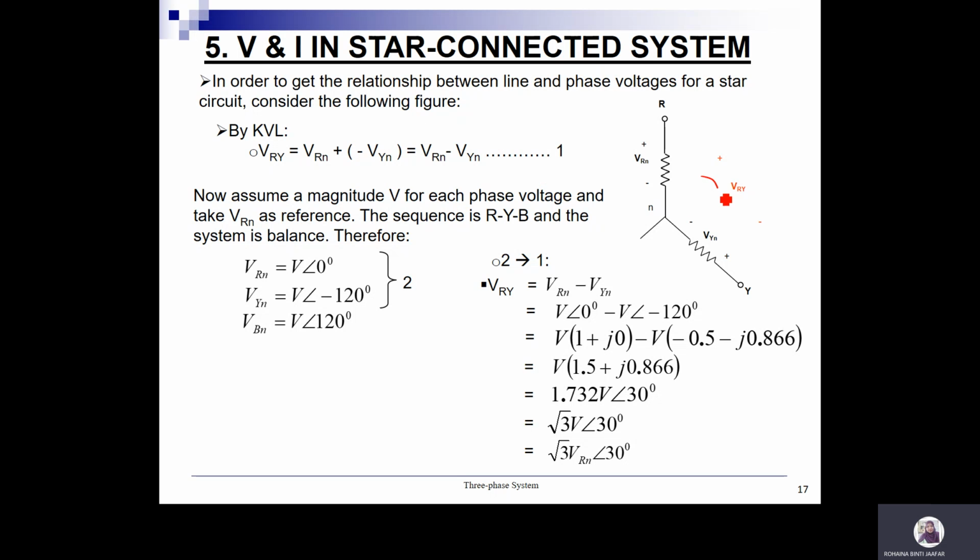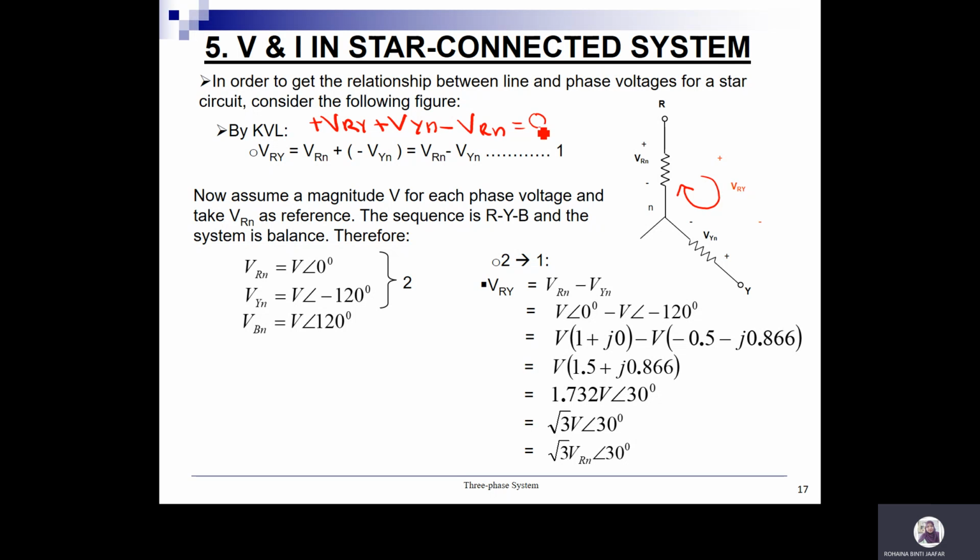When you apply KVL, you get positive VRY plus VYN minus VRN equal to 0.